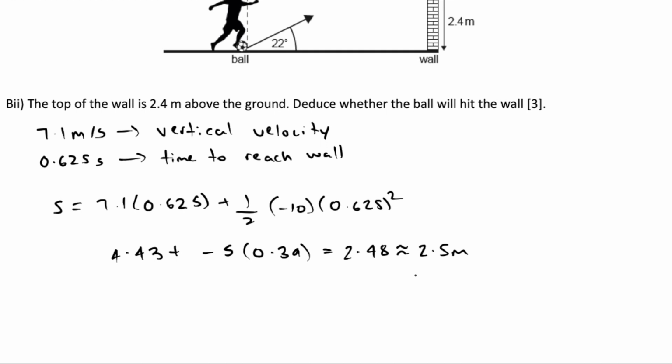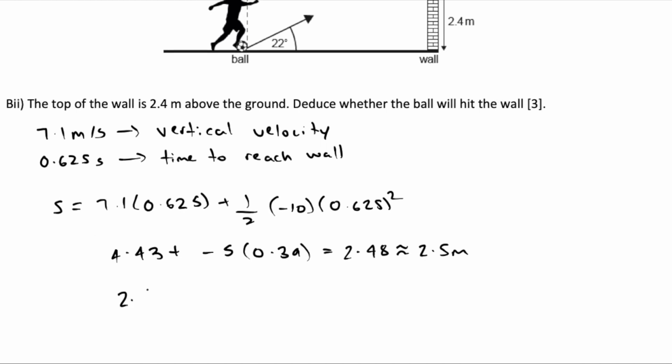So what does this tell us? The wall is 2.4 meters in height. And what this tells us is that according to our vertical velocity, in 0.625 seconds, the ball will be at a position of 2.5 meters above the ground.